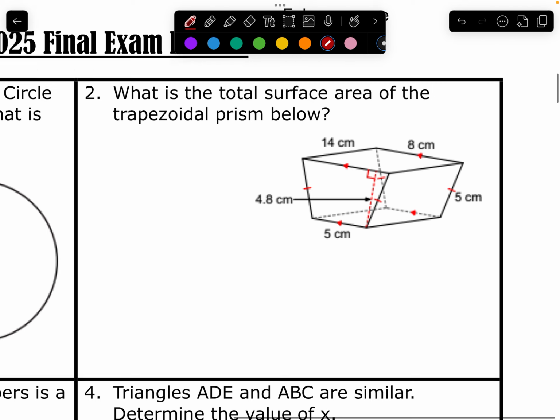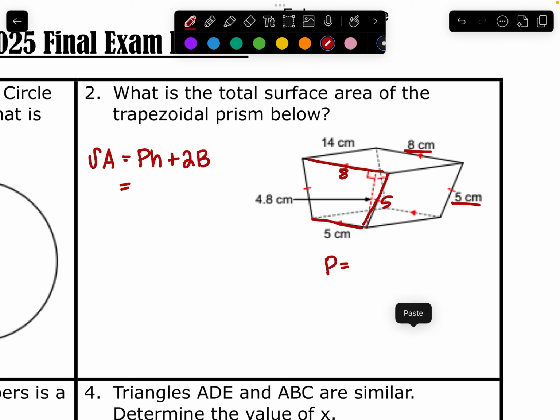Number two. What is the total surface area of the trapezoidal prism below? So we know that total surface area is also just called surface area, and its formula is perimeter of the base times height plus the area of both bases for a prism. So the perimeter of the trapezoid is 8, plus 5, plus 5, plus 5.